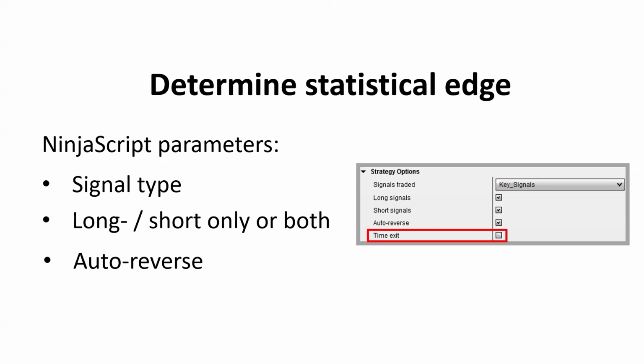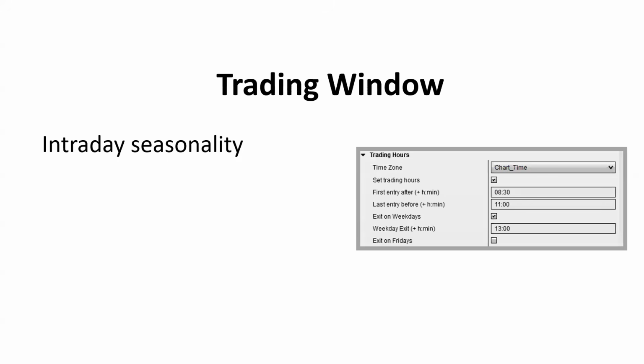We'll get back to that in a minute, because you'll typically first want to define when to enter the trades in the first place. So that is your trading window, and it is one of the most important filters when testing or running a strategy.